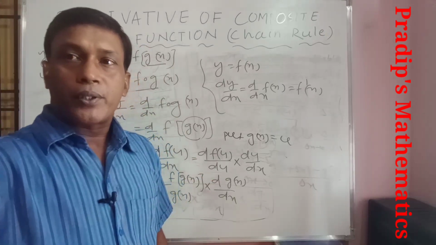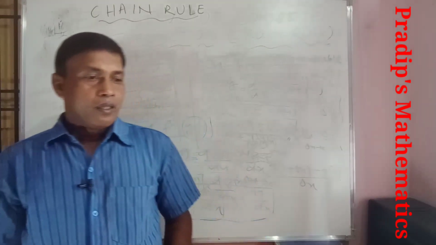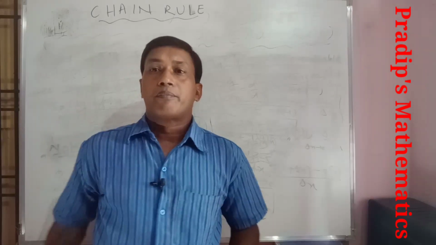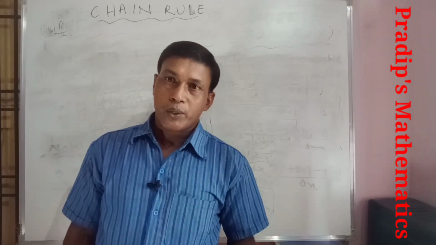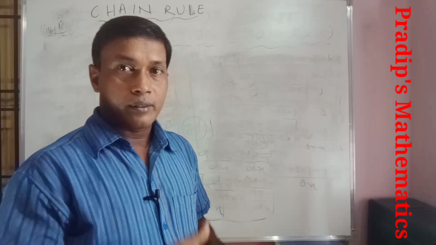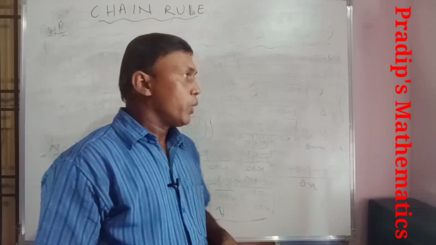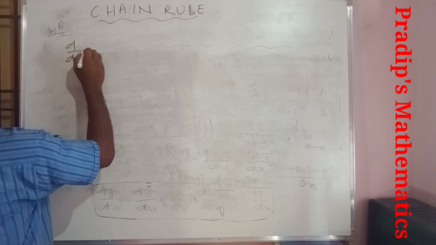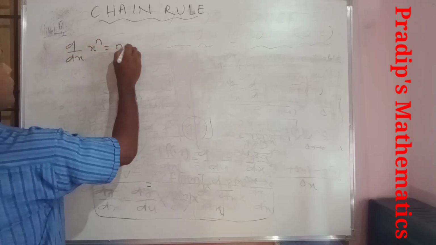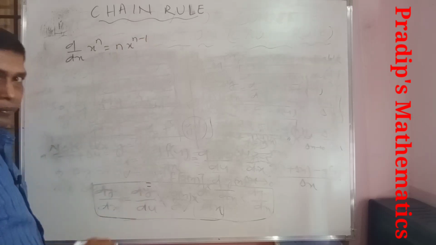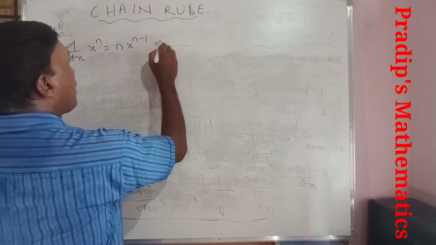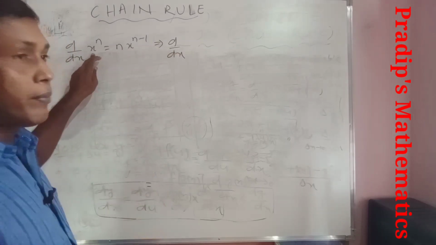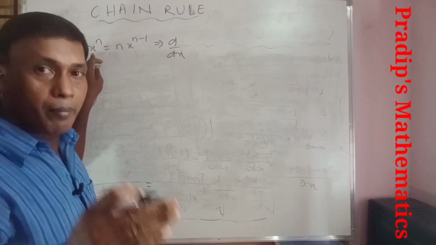Now some examples. I want to apply chain rule to every standard function. Every standard formula is what we have learned in the algebra of derivatives. Look at here, we have the derivative of x to the power n is equal to n into x to the power n minus 1. I have already said, if x is replaced by another function, then you have to apply chain rule.